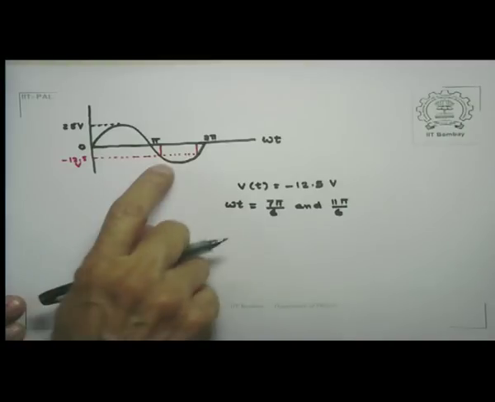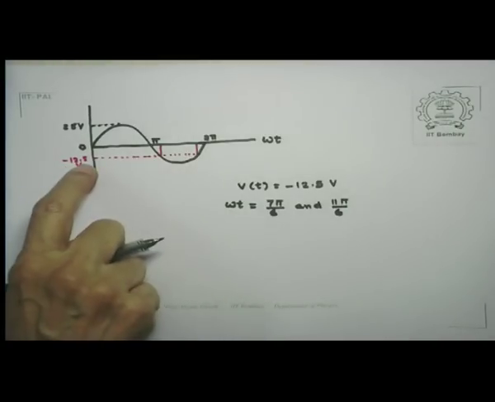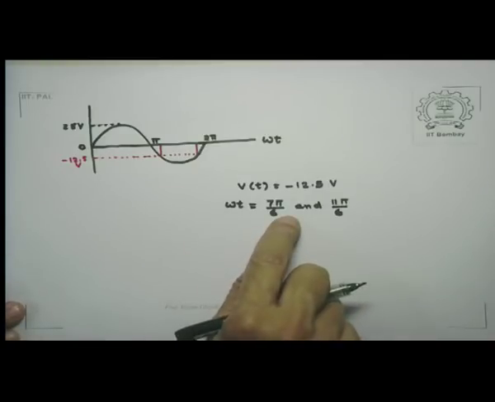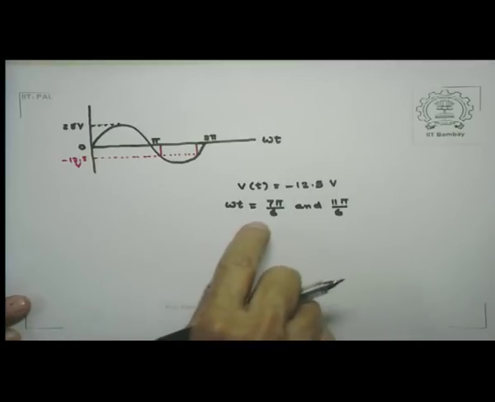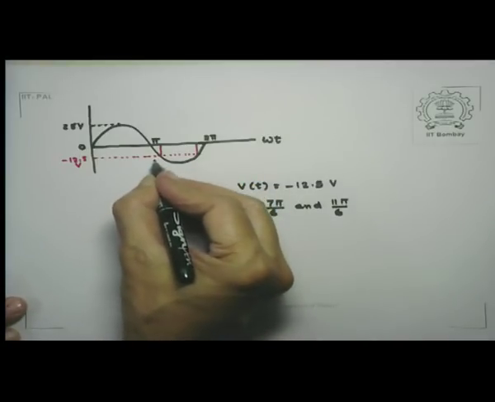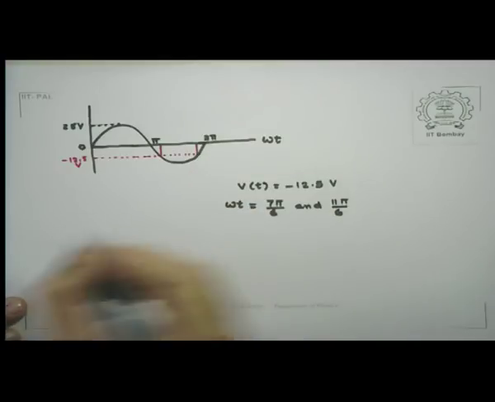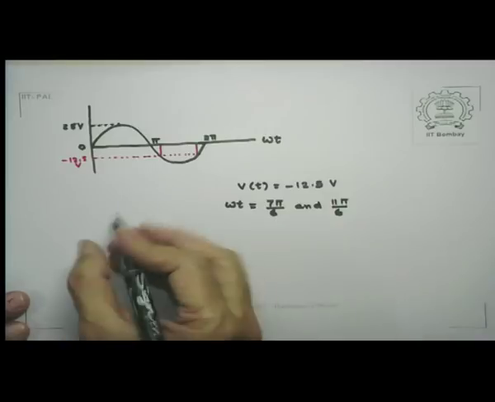What we are looking for is minus 12.5, which is just half of the maximum magnitude, and so I'm looking essentially for values of angles for which the sine of the angle is minus half, and so these are the two angles. Now out of this I pick up 7 pi by 6 because that is the place where the voltage is increasing in magnitude. The other also satisfies the same value of minus 12.5, but there you notice that the magnitude is actually decreasing. So therefore this value 7 pi by 6 is what I have.